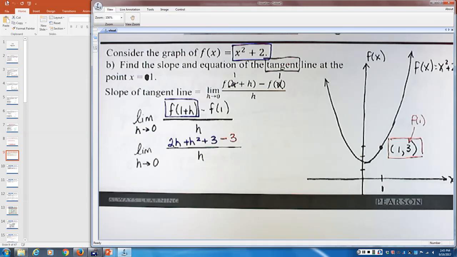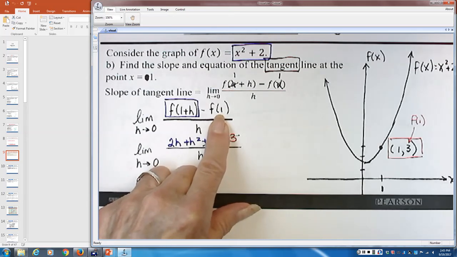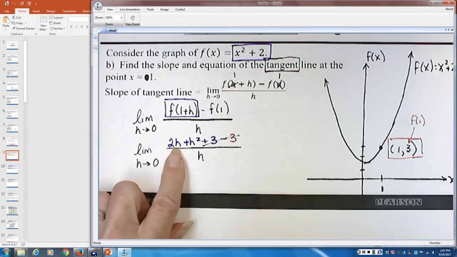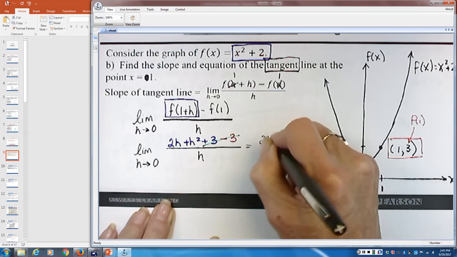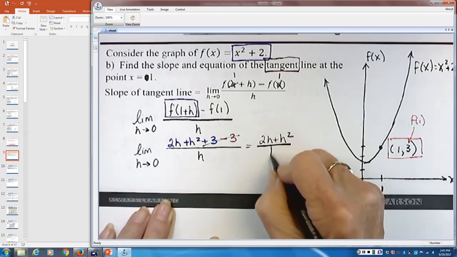They cancel each other out. They're gone. Where did you get that 3? Is that from the previous part? That's f of 1. So when x is 1, y is 3. That 3 cancels that 3, and all that's left in the numerator now is 2h plus h squared over h.